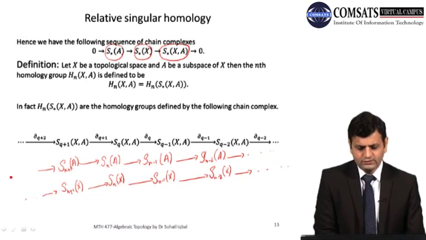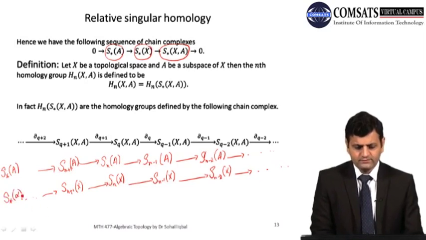These are two chain complexes: one is denoted by S lower star A, and the second by S lower star X.